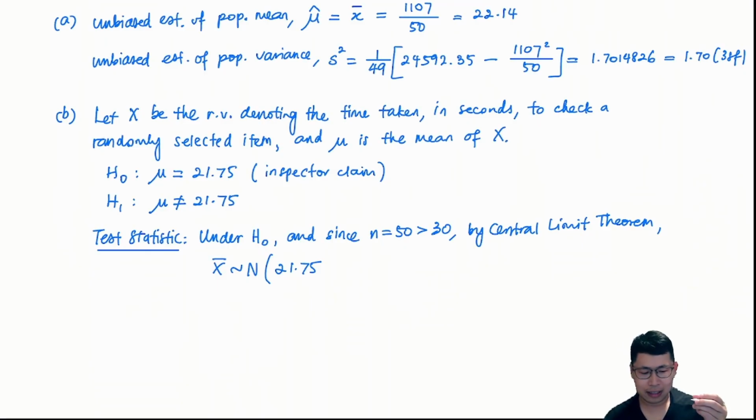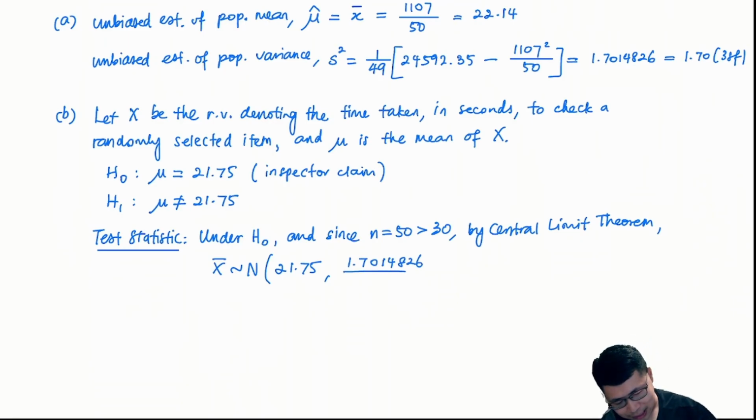And for the variance, they never give us the variance or standard deviation, but we can make use of the unbiased estimate as an estimate for the population variance. So over here, we will make use of 1.701486.